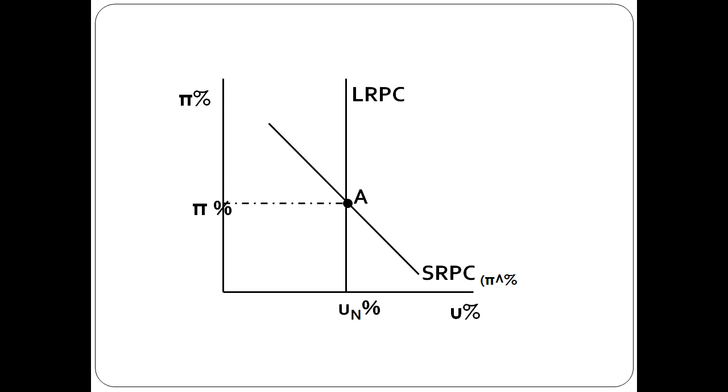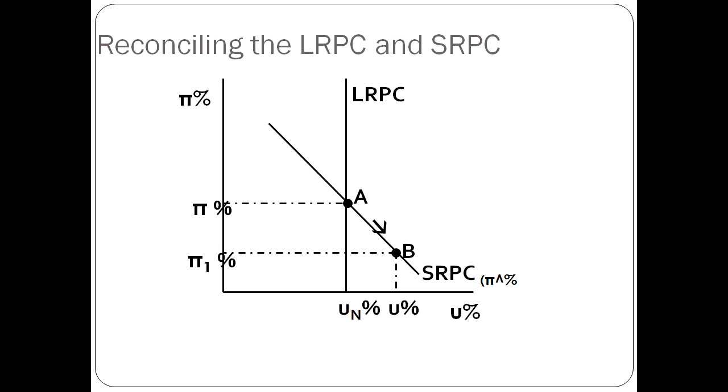It could be either monetary, it can be fiscal, doesn't matter, but it's going to be a contractionary policy here. All right, and by doing that, you move from point A to point B, where you lowered inflation, and then you raised unemployment.